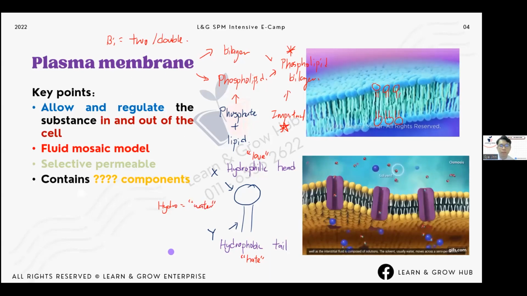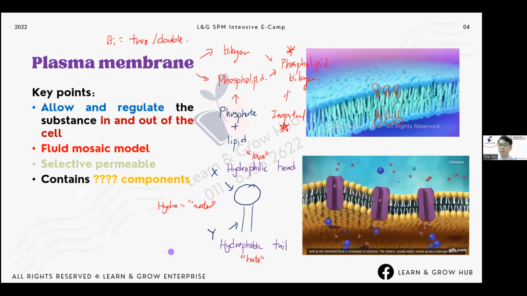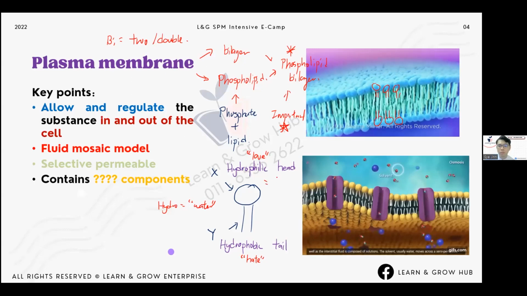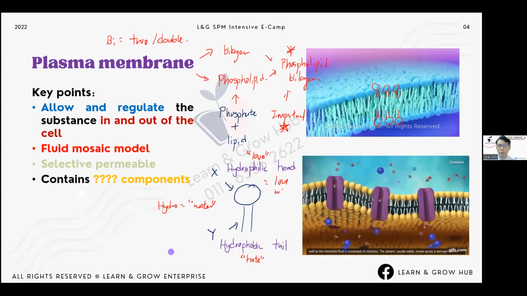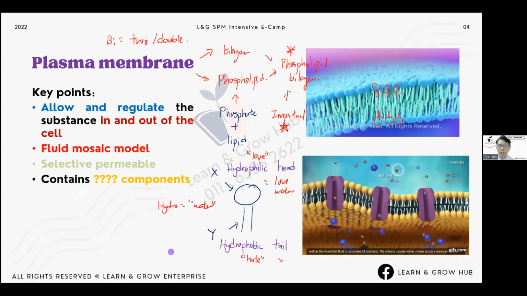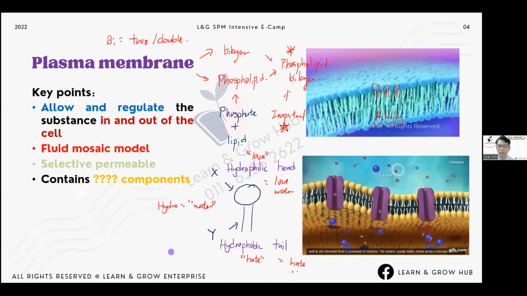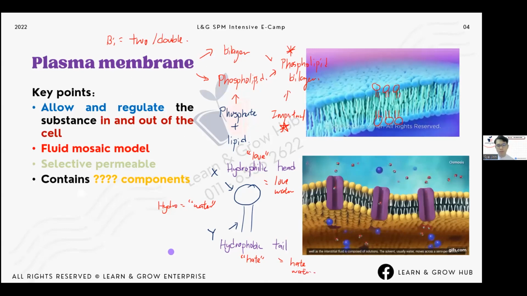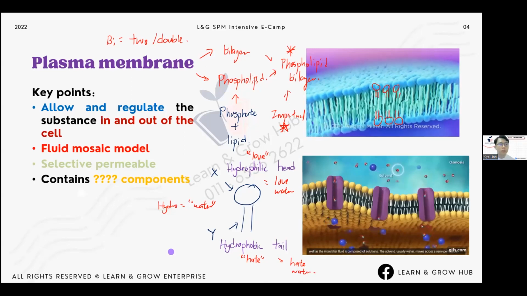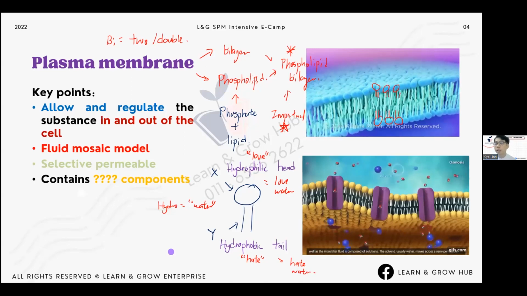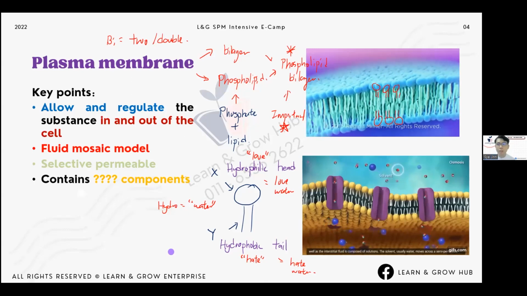So it means that actually the phospholipid bilayer having a part of love water. They love the water here. And then they hate the water here. The tail is hating the water. Okay. So these are some very critical points that you must understand in the actual SPM exam.